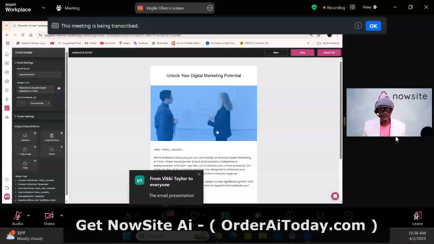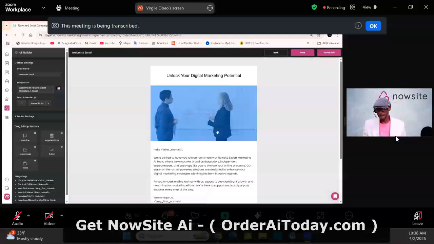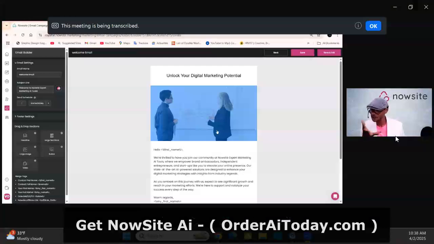So very important. What do you think is the most important thing when you're looking at this interface? Not for you, but for the user when receiving this email. What is the most important thing?